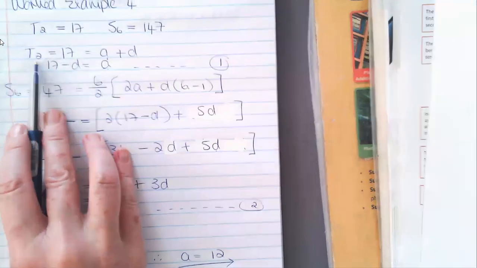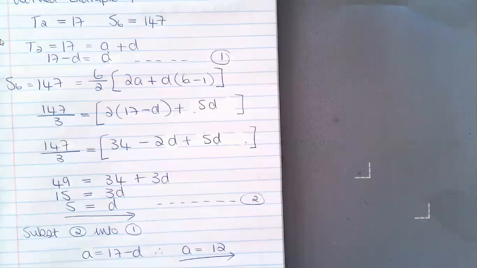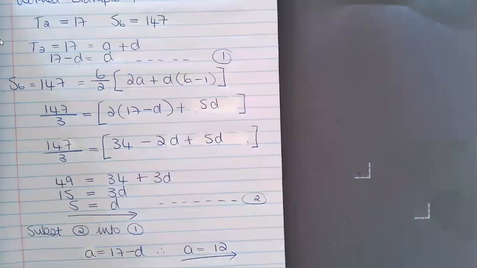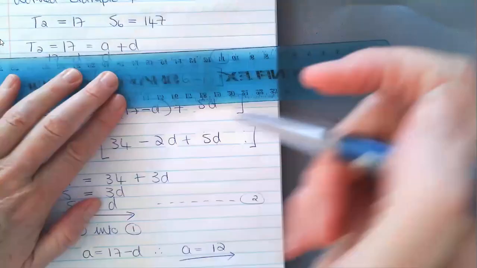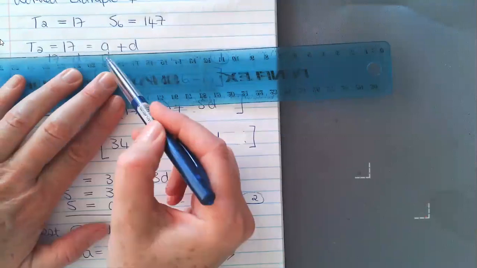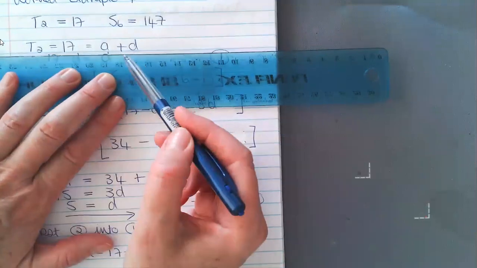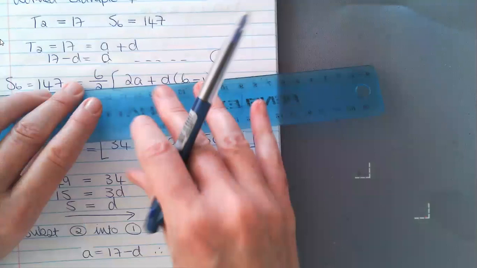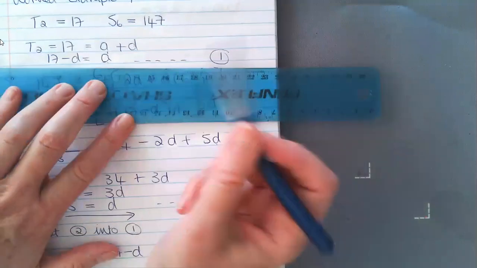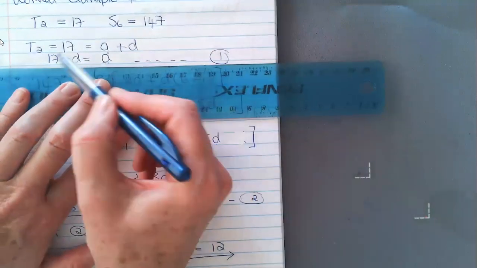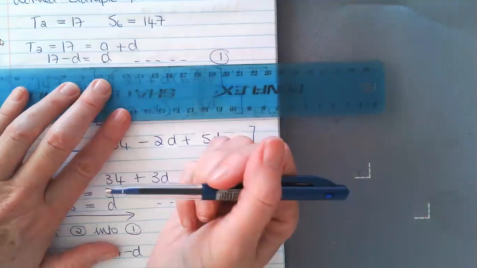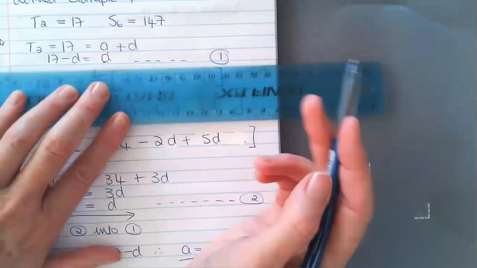So for T2, my formula, let me get my ruler here. The formula for T2 is a plus d. So here, I can write any one of the two, so I decided to use the a. So a is 17 minus d, and that is my first equation.